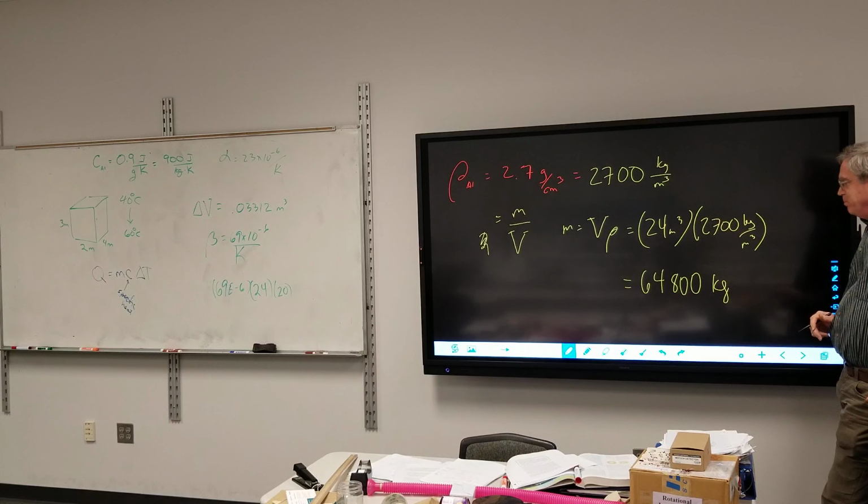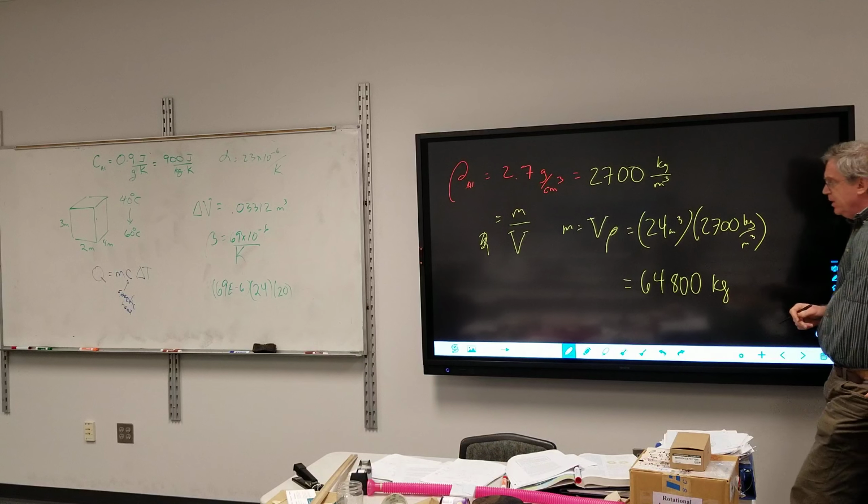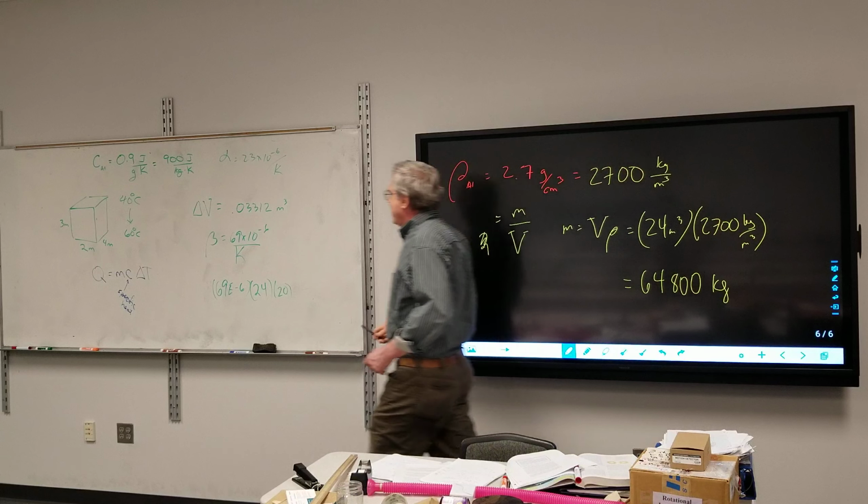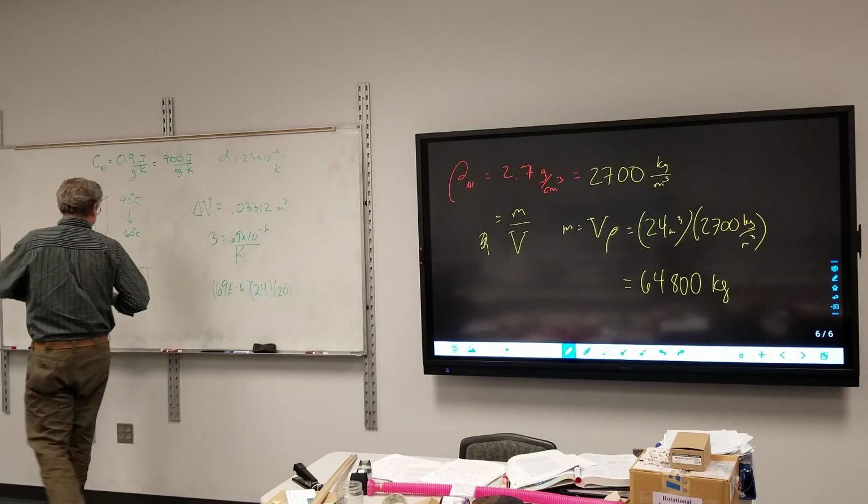So more than 500,000 newtons in terms of weight if it were on Earth. So we have this huge amount of mass there because I made that a huge block.